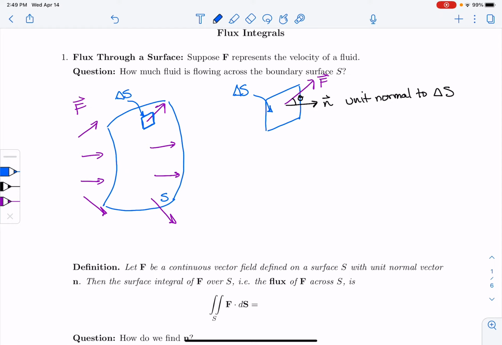Okay, so then we can ask the question, what is the net flux through a small piece of the surface?